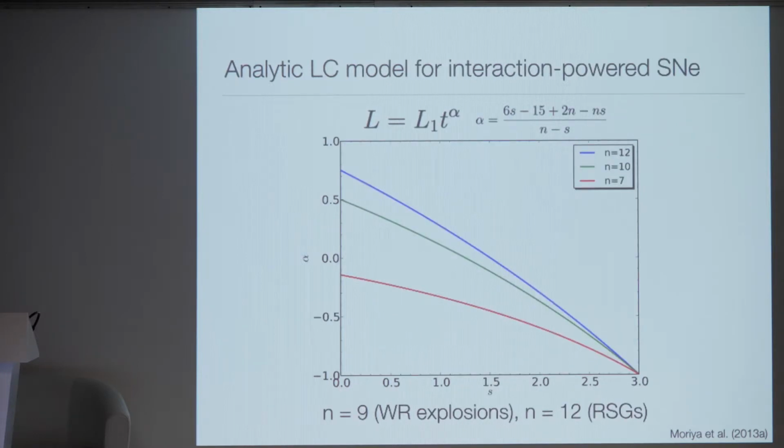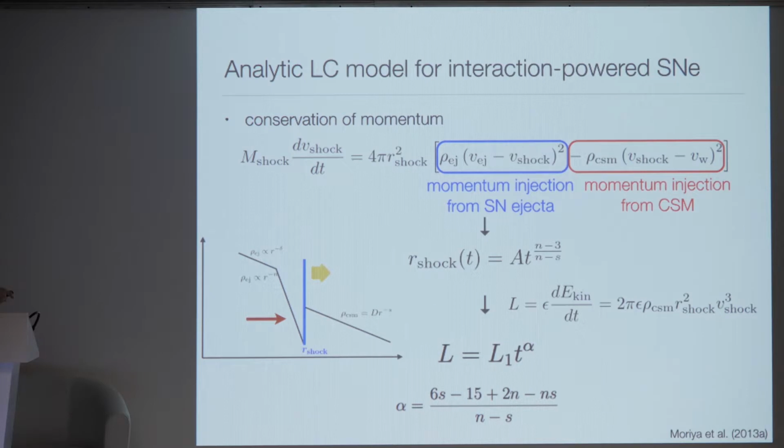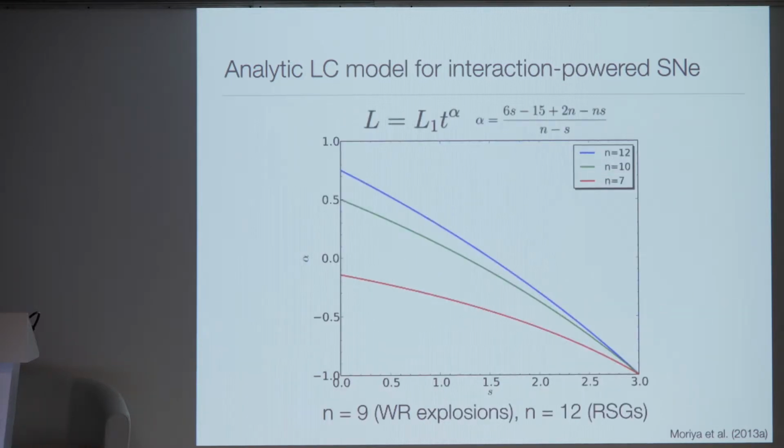I didn't show how this L1 is described, but it is a function of many different things like density and ejecta mass and so on. The ejecta mass and the velocity are degenerate, but assuming some ejecta mass, we can break the degeneracy. And by putting these constants to the actual fitted values, you can get the density structure.